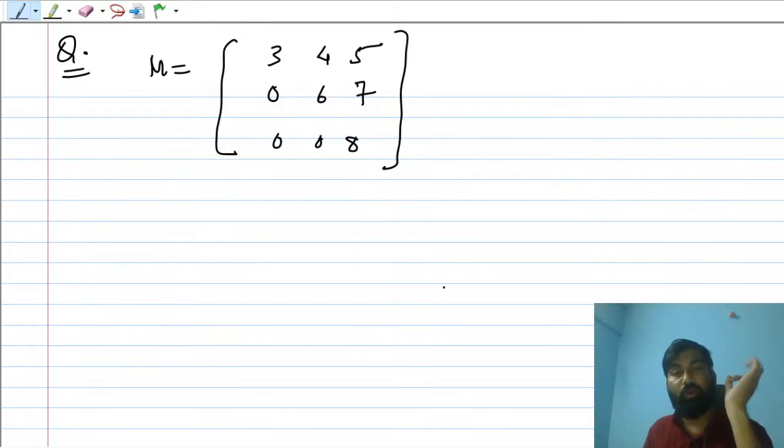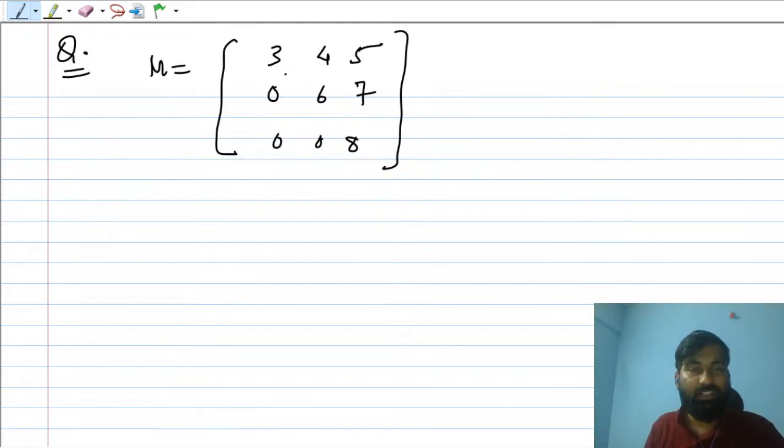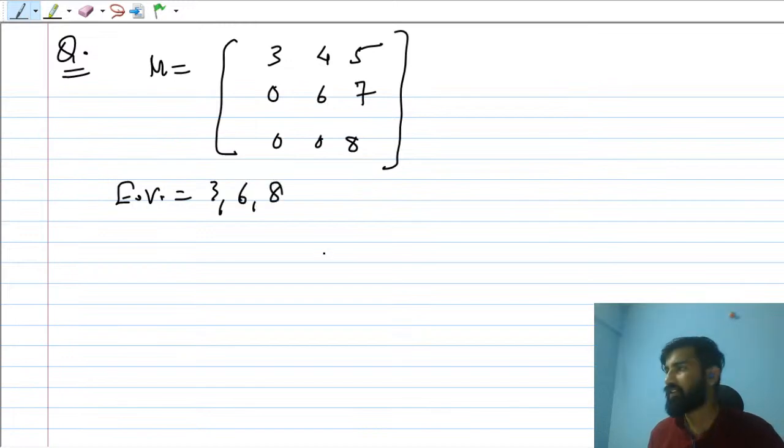One of the properties is that if an upper triangular matrix, lower triangular matrix, diagonal matrix, scalar matrix or identity matrix is given, you can directly find the eigenvalues. You don't have to solve the characteristic equation to determine the roots. You can directly say that here the eigenvalues will be 3, 6 and 8.